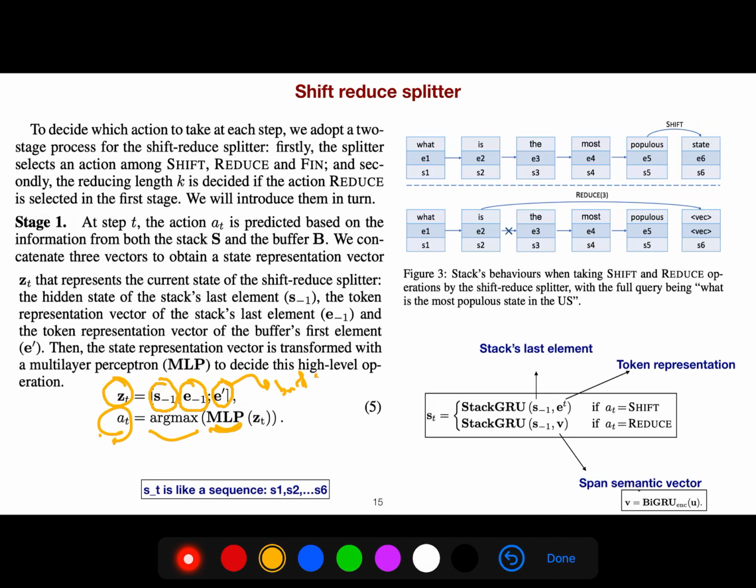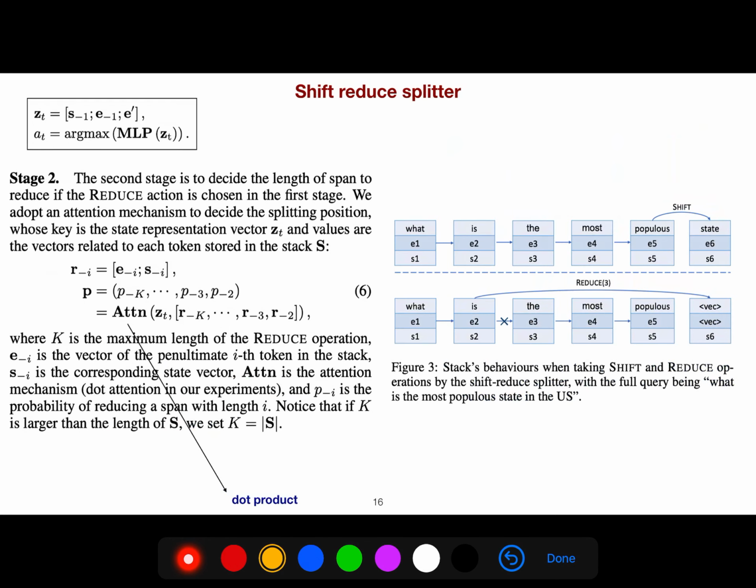And now that you know the action, if it is shift or reduce, you need to know reduce how many times. As I said, it's a generalization of reduce, because the standard one is reduce 2 and K is 2. But here we generalize. Instead of 2, we have K. K could be anything, but it is fixed.